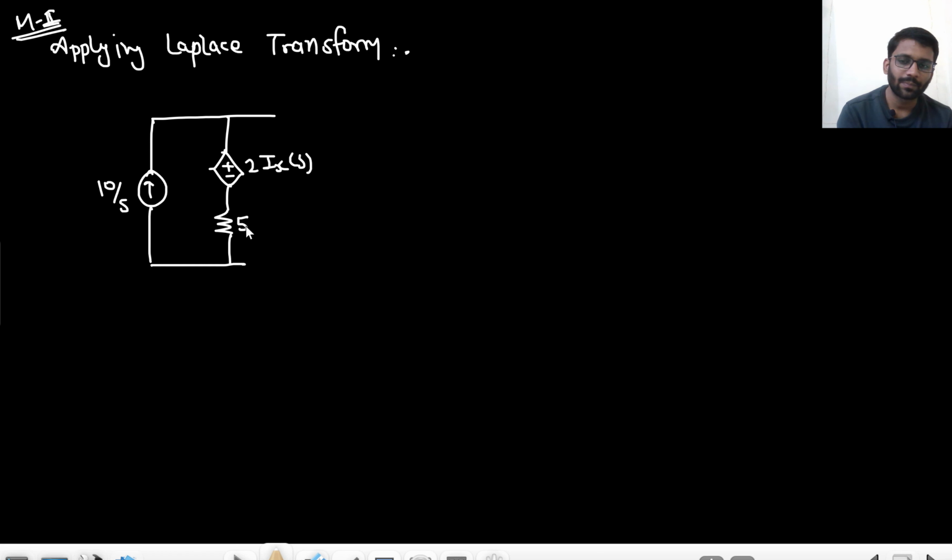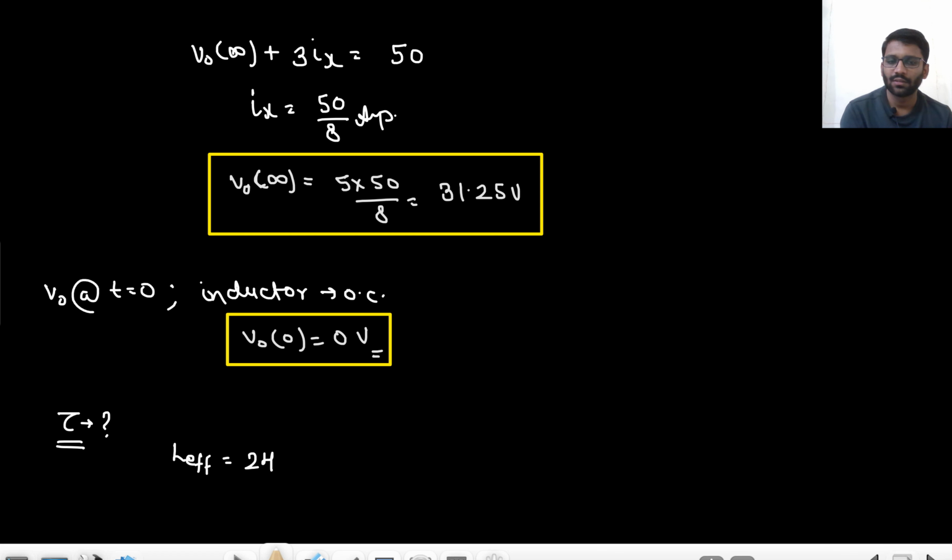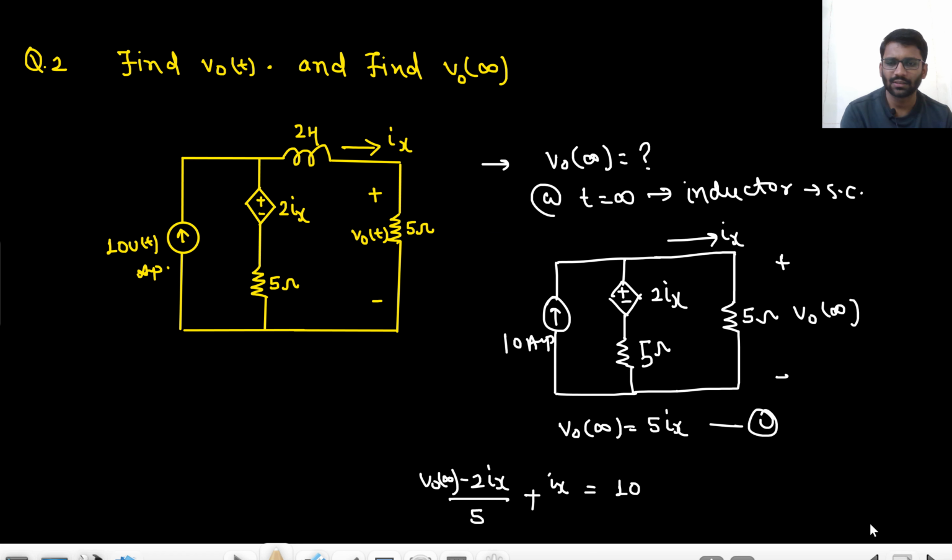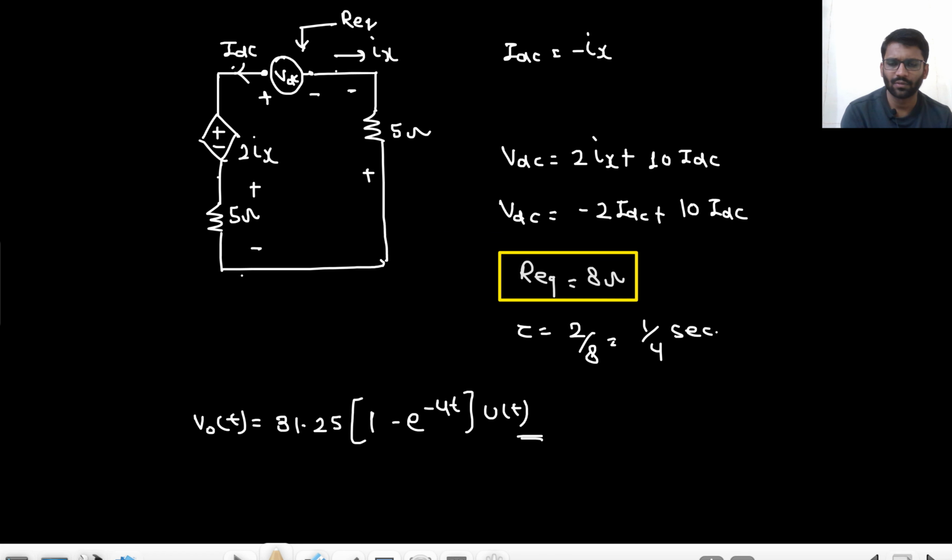This is 5 ohm. Then I have an inductor which has an impedance of 2s, and 5 ohm.